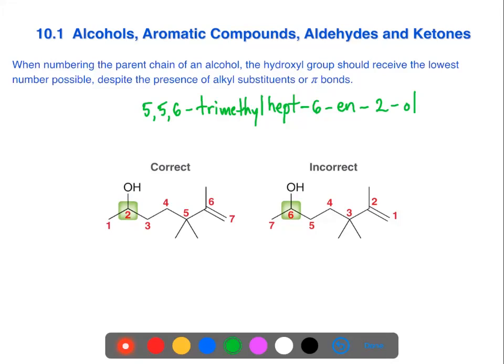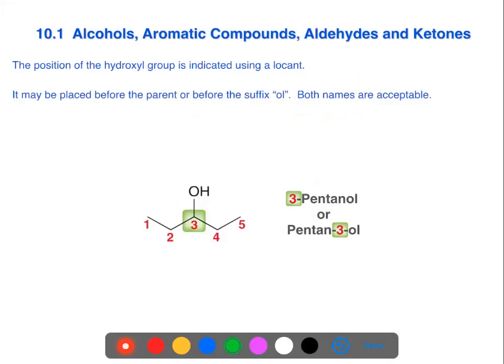And you can see that we've placed the locant 2 just before the suffix ol to represent where the hydroxyl group is located on that parent chain. So as we just mentioned, that locant that represents the position of the hydroxyl group can be placed before the parent or before the suffix ol. Both are acceptable, but as you know, my preference is generally to include the locant just before the suffix, so it's very clear as to what the locant is referring to.